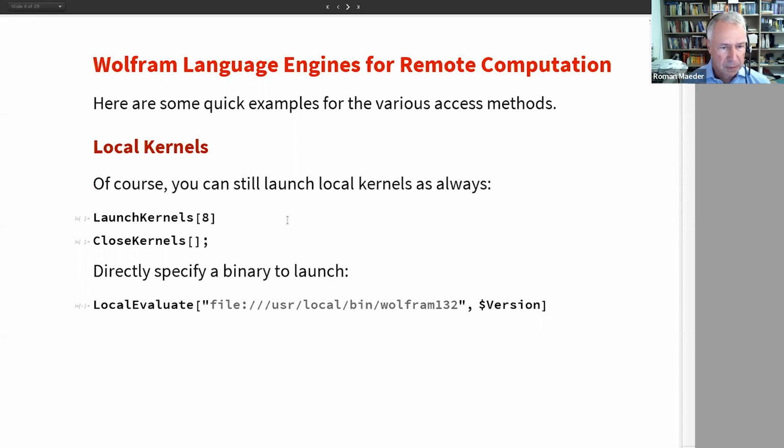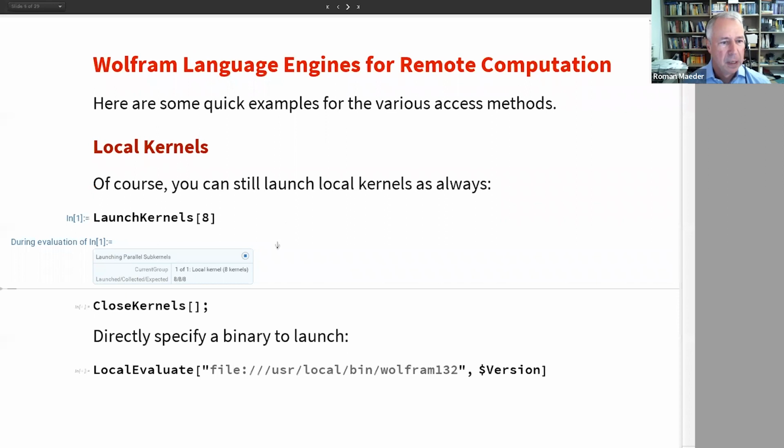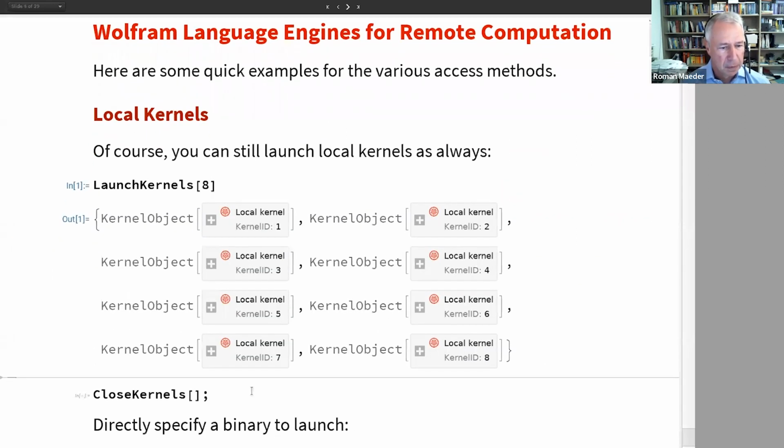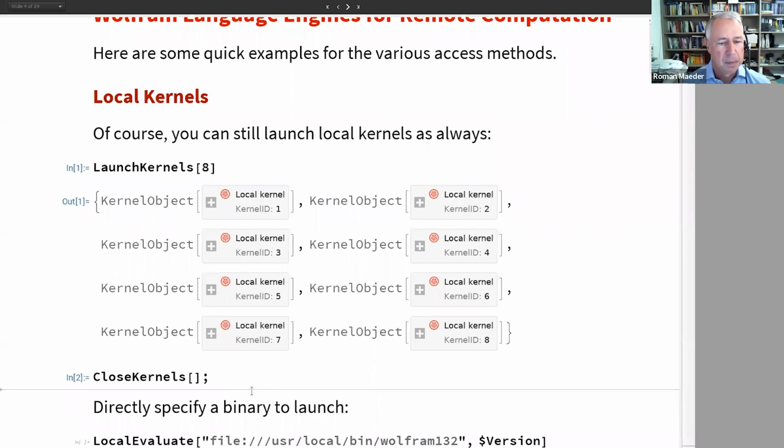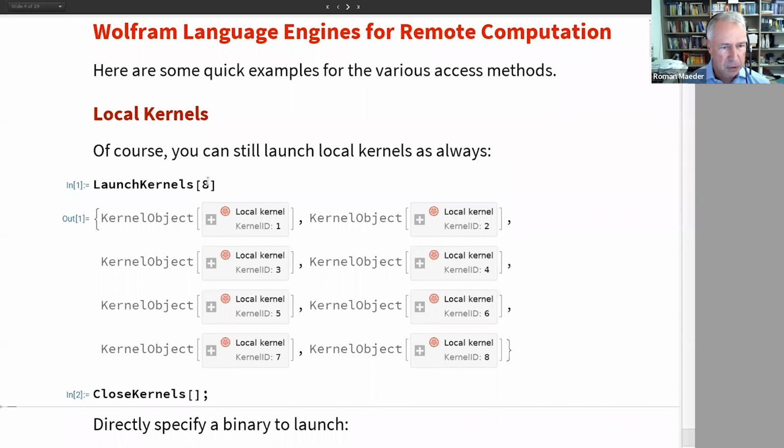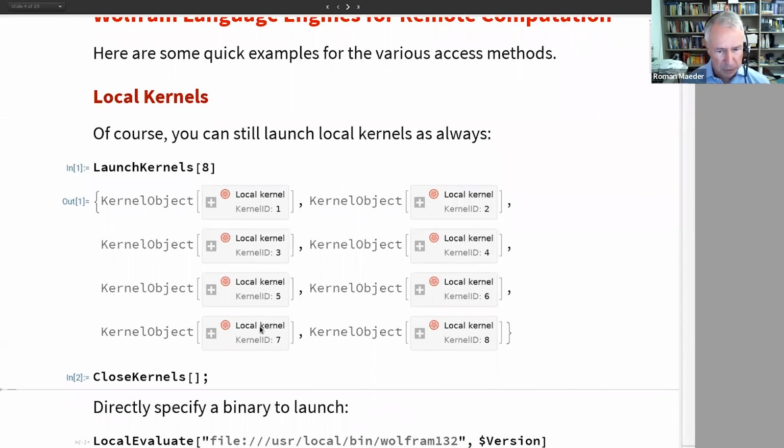So superficially, not much has changed. You can still just launch local kernels, but the first argument here is just a shorthand for 8 local kernels. You can obviously also now specify URLs.